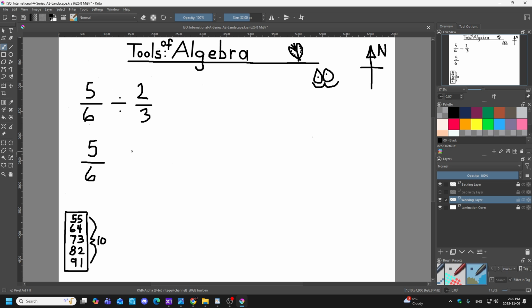So, when we flip this second fraction, we change the sign from division to multiplication. We now have 3/2. Oh, that is so nice. So nice.